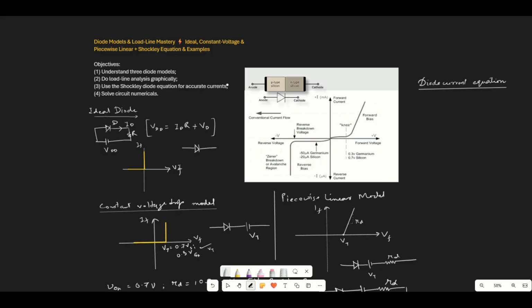Then we have discussed the diode equation and how it can be used for solving numericals. Then we have also seen the diode resistance, how we determine the diode resistances and corresponding numericals. And finally, we have seen the numerical on small signal analysis of a diode.